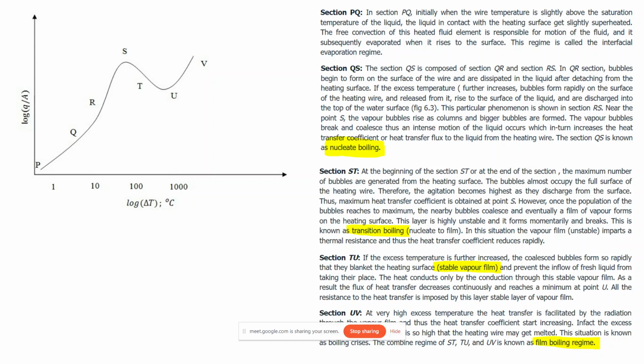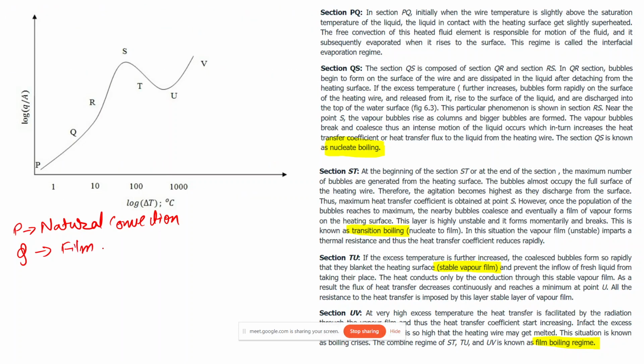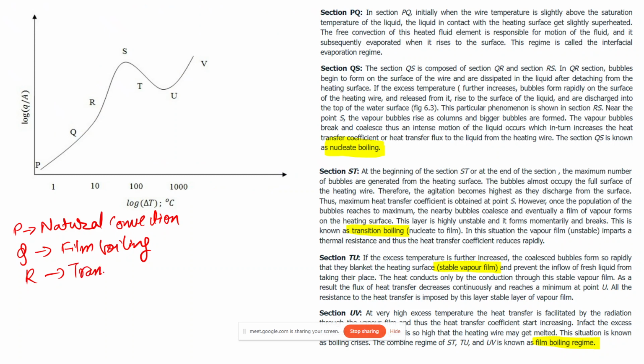So P is natural convection, Q is film boiling, R is transition boiling, S is nucleate boiling, and we have to arrange them in the order in which they occur.